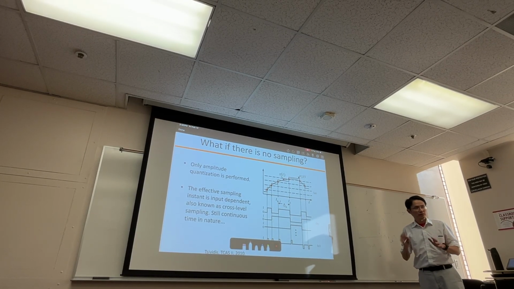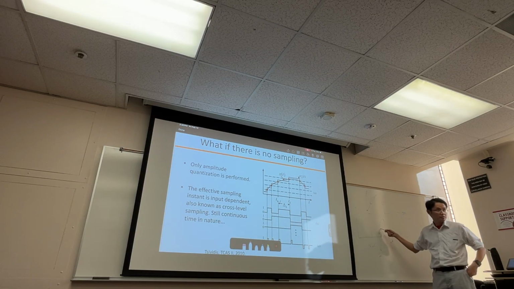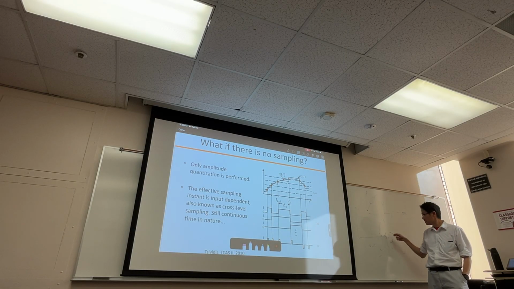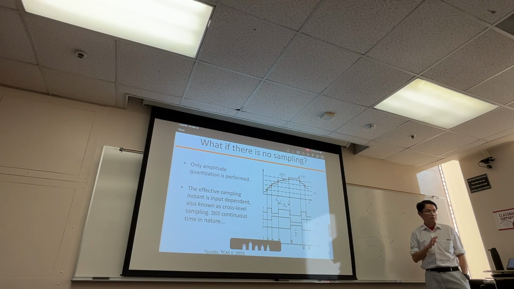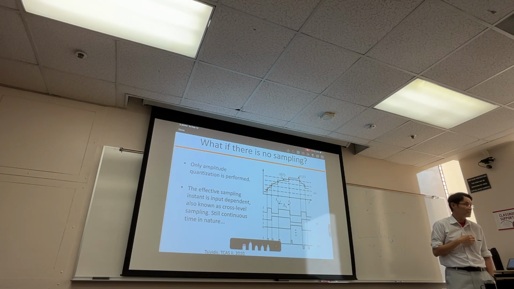So far, and also throughout the semester, I will focus on the ADC where it will be like this. You sample at a fixed constant time. So that's what I'm going to call a uniform sampling ADC. In the whole world, 99.9999% of ADCs are uniform sampling. That's why people don't even bother to call it a uniform sampling ADC.